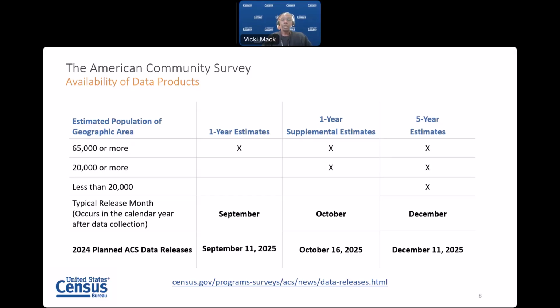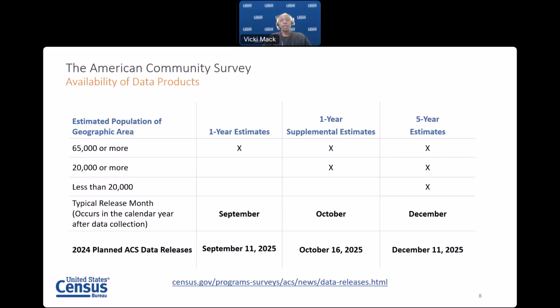ACS 1 year estimates, which combine data collected over 12 months, are available for geographic areas with populations of 65,000 or more. 1 year supplemental estimates are available for geographic areas with populations of 20,000 or more.